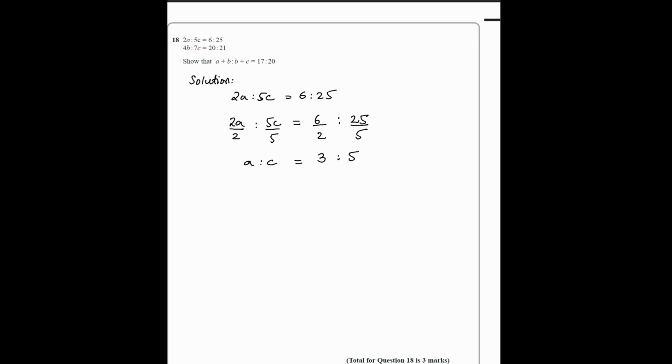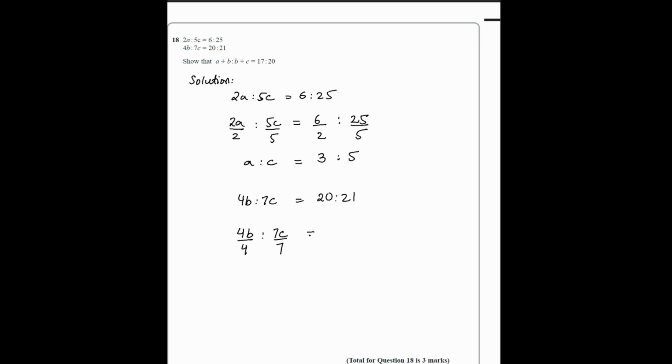Now for 4b is to 7c equals 20 is to 21. Again divide the coefficients. The coefficient of b here is 4, so we divide by 4. The coefficient of c is 7, so we divide by 7.